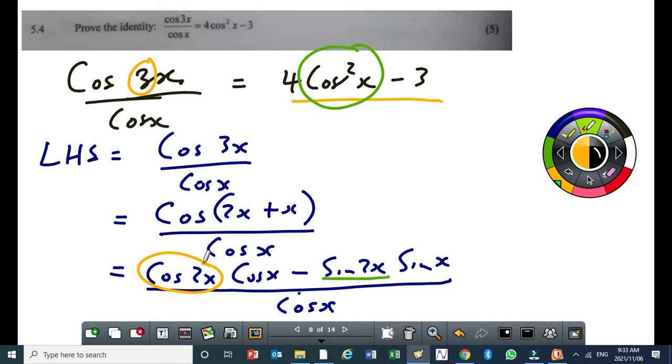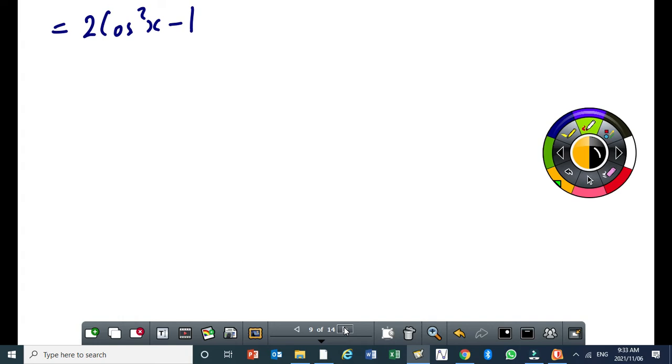Alright, then. From here, I'll just write my minus. Okay, actually it's times. We've got times there. To make things easier, I'll put this in brackets, multiplied by cos x.